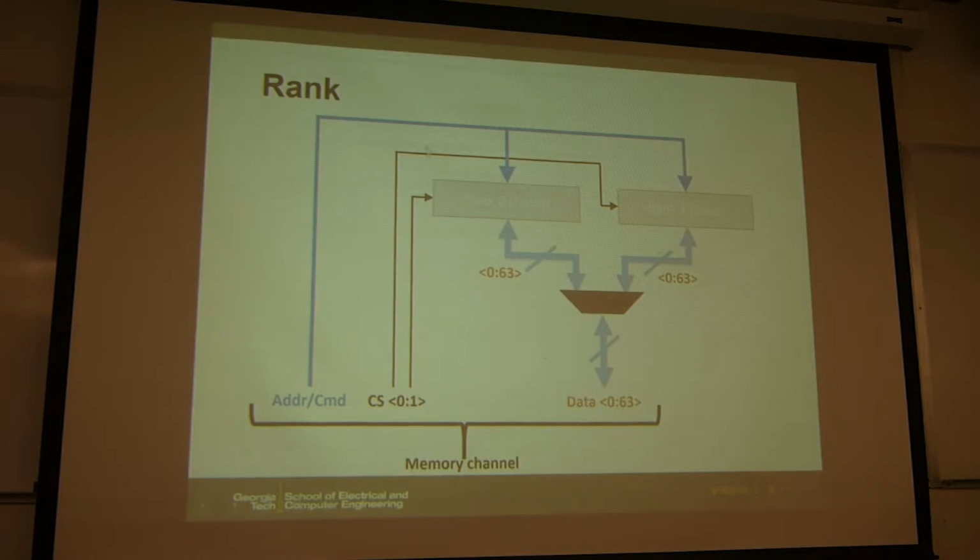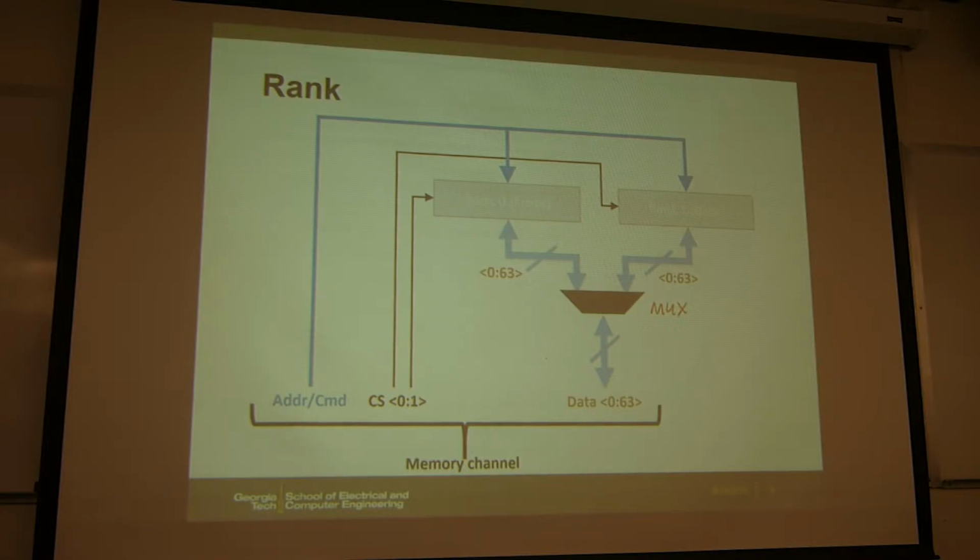So here this is again the rank. From the memory channel, you have the front rank and the back rank, and maybe each of them will have 64-bit I/O, but for the total DIMM, you only have 64 bits. That means you need a mux here to select which 64 bits you get, from the front side or the back side.